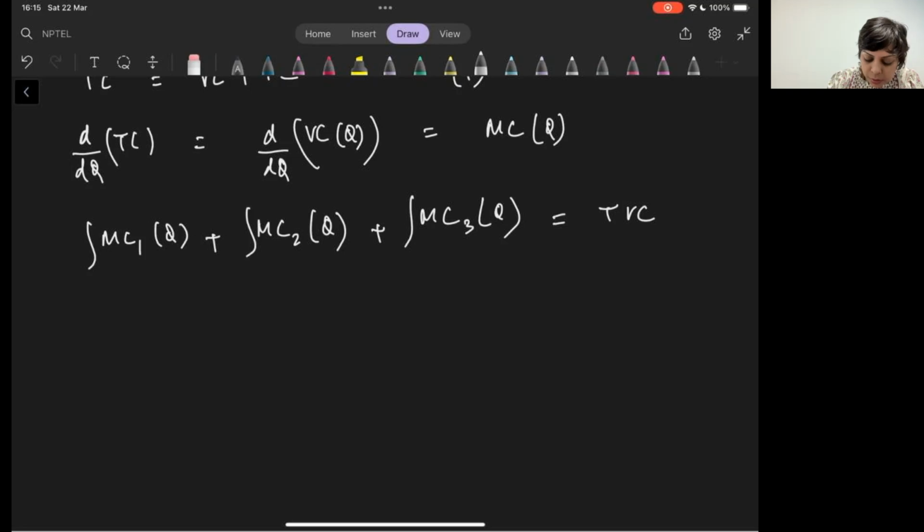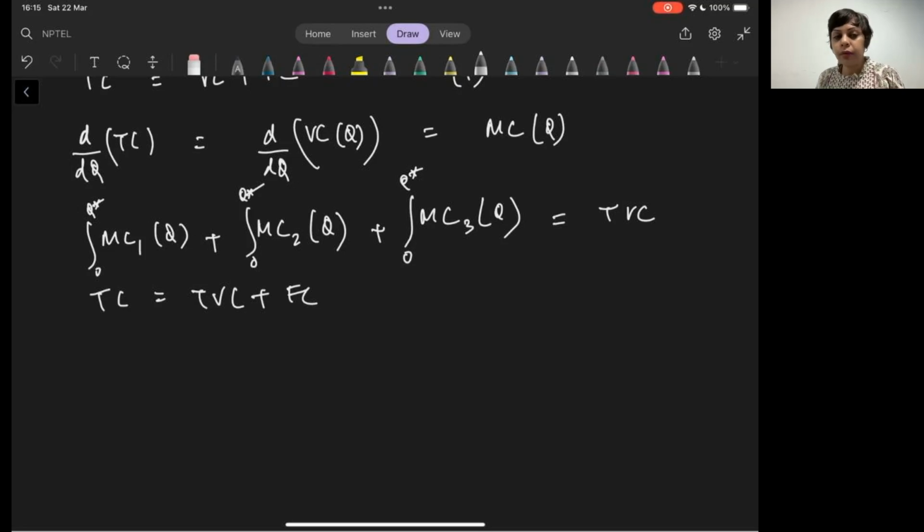Whereas total cost is total variable cost plus fixed cost. So even if I ignore the integral, even if you just take a summation of variable cost over quantity, let's say this is 0 to Q star, whatever quantity is produced, you can take the summation or integral of marginal cost over each short run interval, and if you sum that, you still only get the total variable cost. You still don't get the fixed cost.